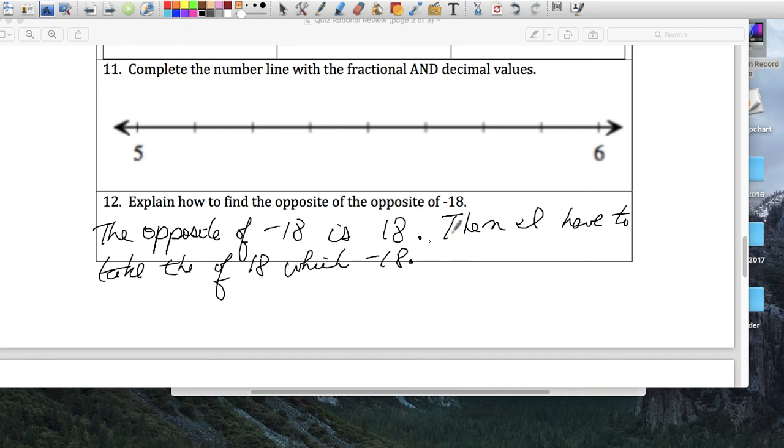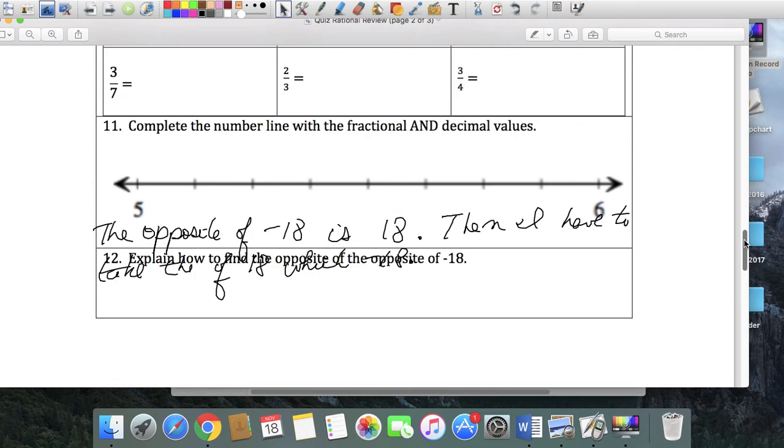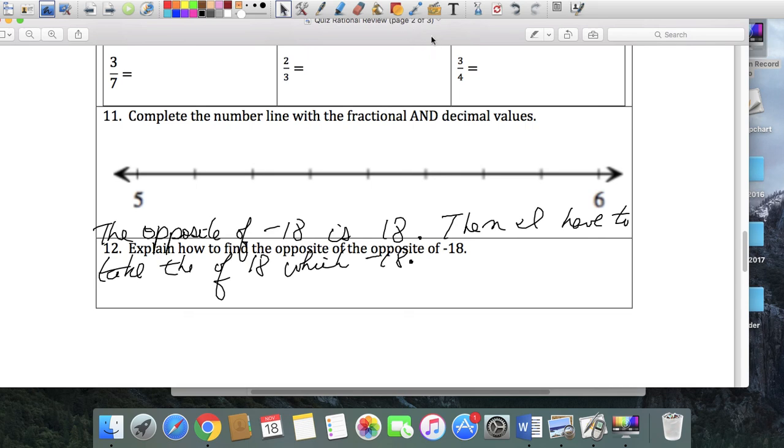All right, because I'm asked to take two opposites in a row. So the opposite of negative 18 is 18. Then I take the opposite of 18, which is negative 18. Okay, is that it? Wow, that was simple. Okay, that's it for this particular video.